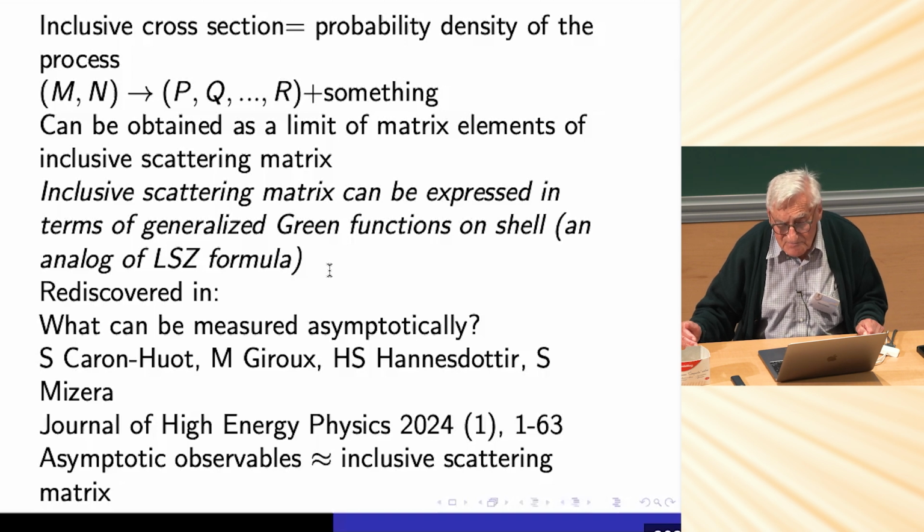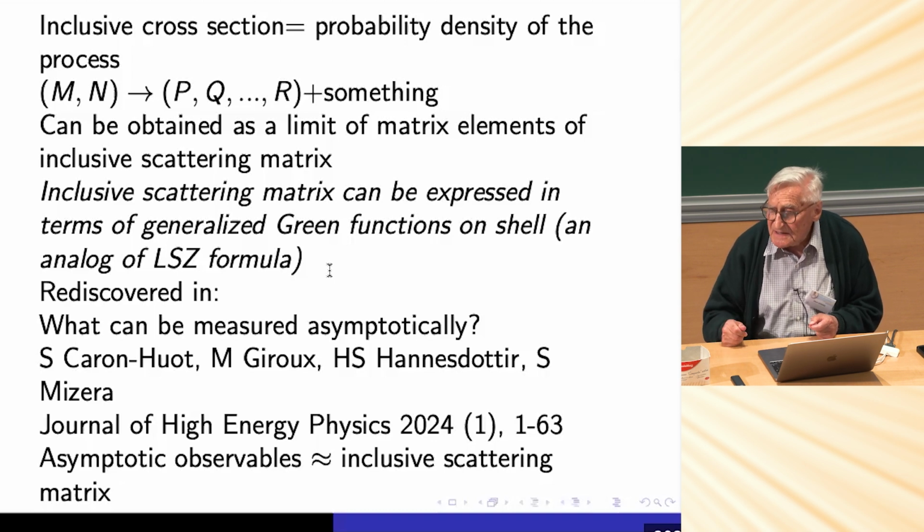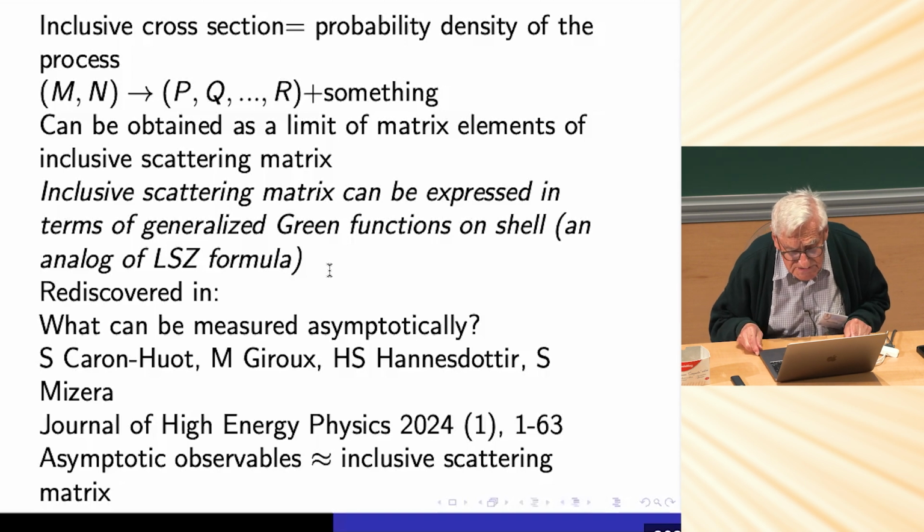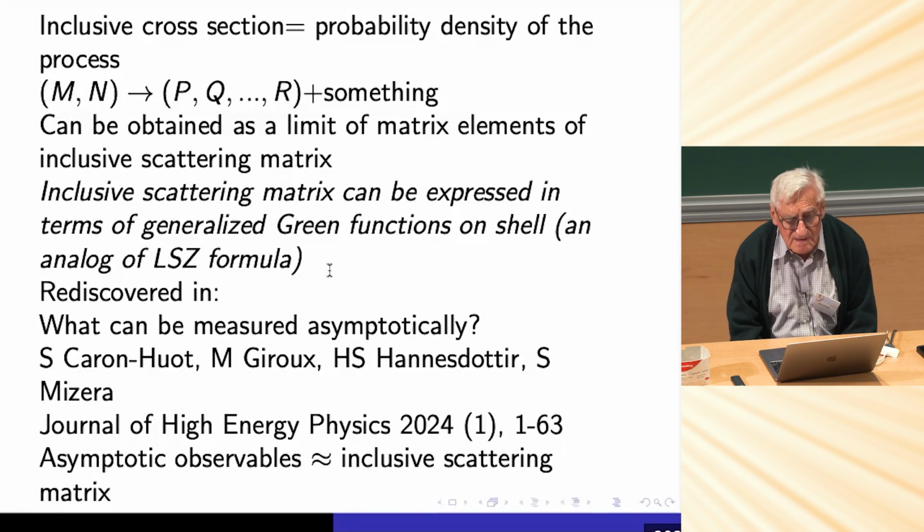And then the corresponding probability density, when you integrate over the something, is called inclusive cross-section. It is a notion that is used all the time in physics.